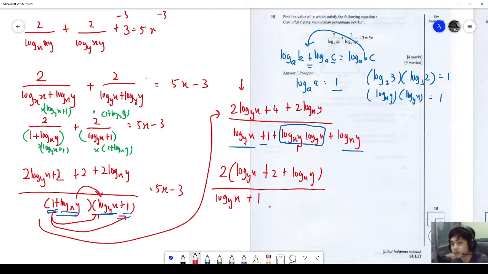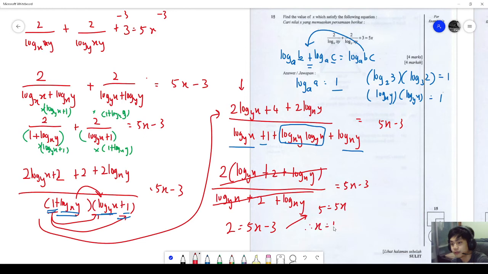This is going to be 1 as well, so 1 plus 1 is 2, plus log_x(y). And this whole thing is equal to 5x minus 3. Now you can see the top and bottom look exactly the same, so they can cancel out. So it's 2 equals 5x minus 3. Then we have 5 equals 5x. Therefore, x is equal to 1 in this case. And this is solved.